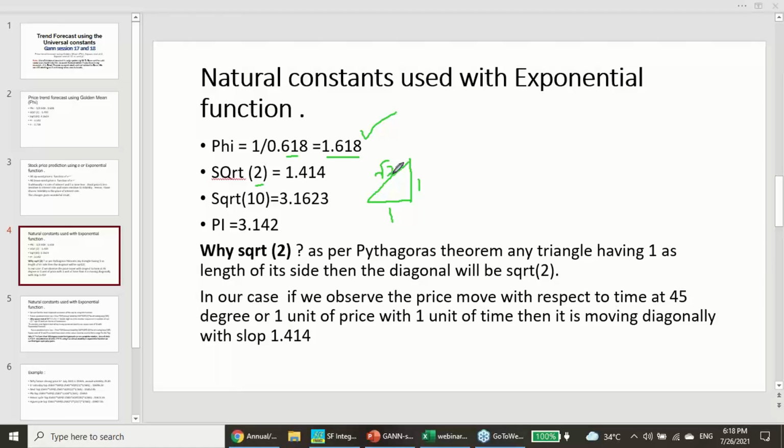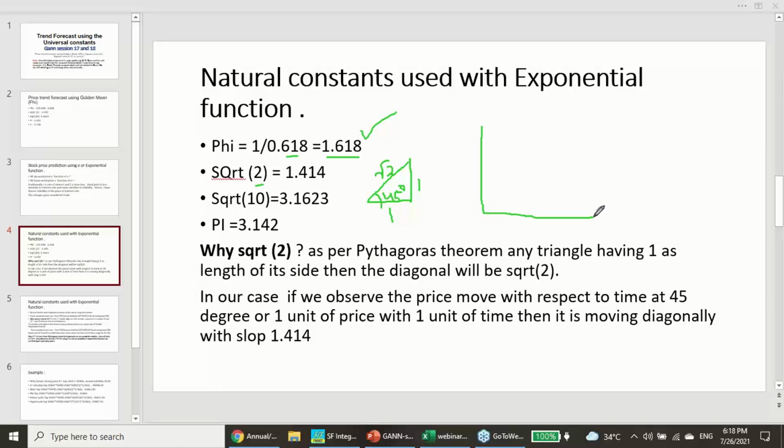Why is this square root of 2 so important for us? When you draw 1 unit as base and 1 unit as height, this diagonal is nothing but a 45 degree trend line. This diagonal is nothing but a slanting trend line which makes 45 degrees with the base.